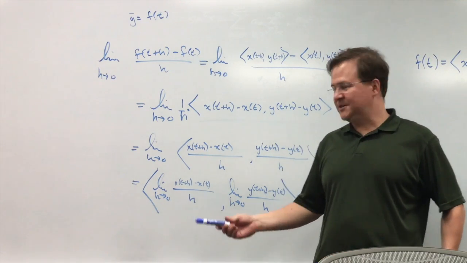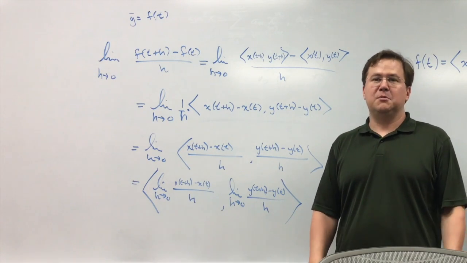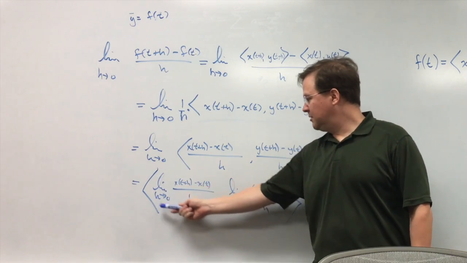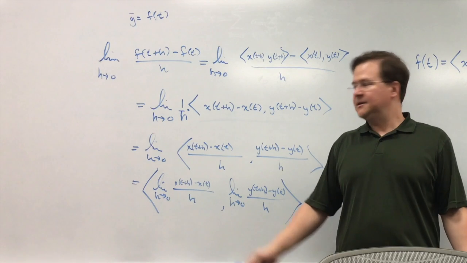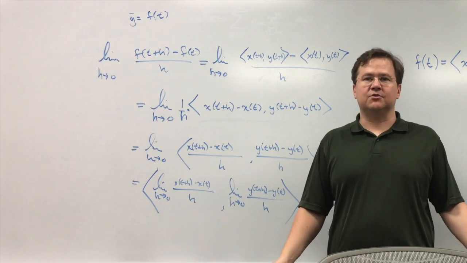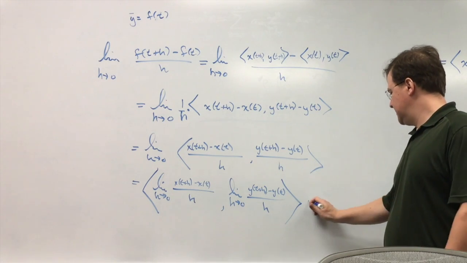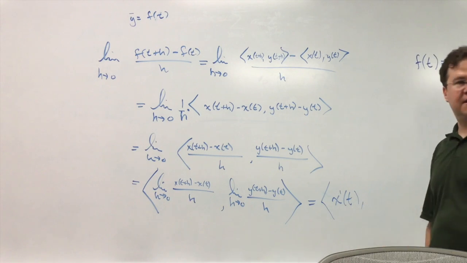Yeah, the good news is x and y are functions in the familiar sense. That means that this coordinate is what it was back in differential calculus in 151. So this is, by definition, that.